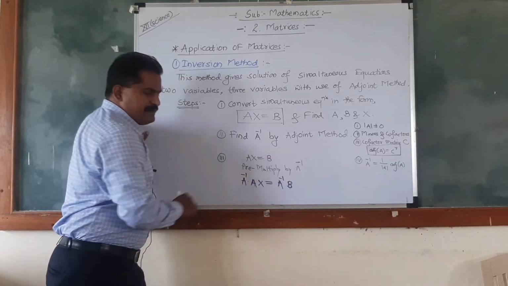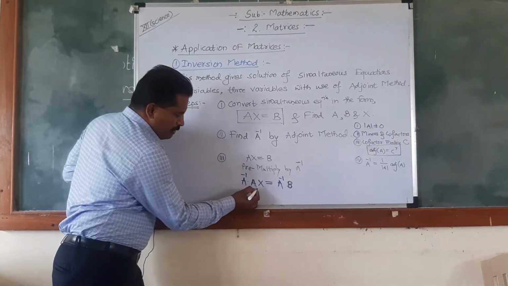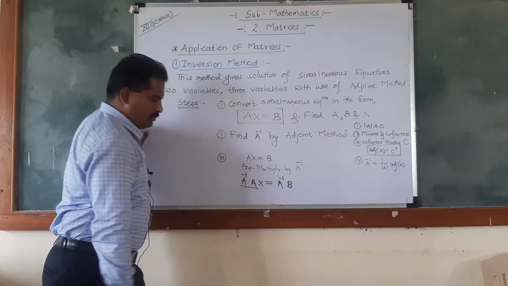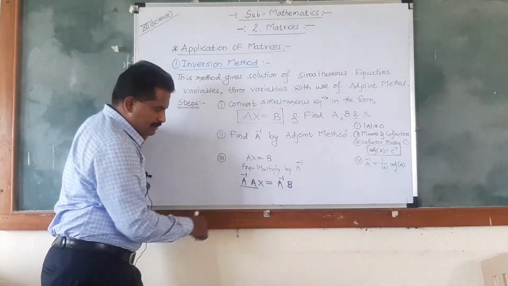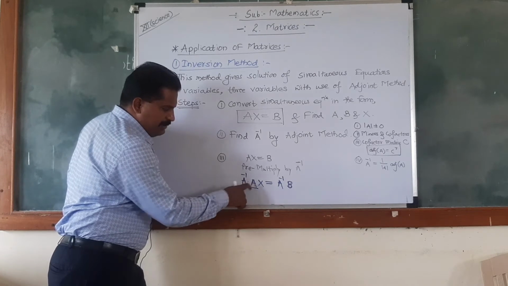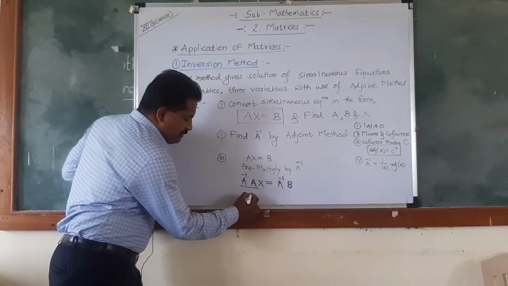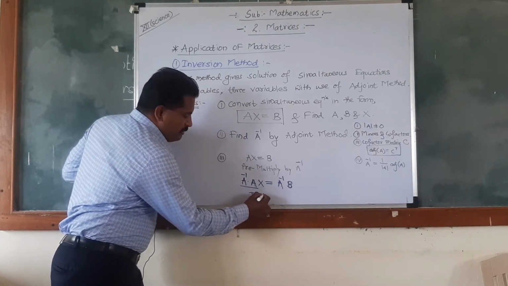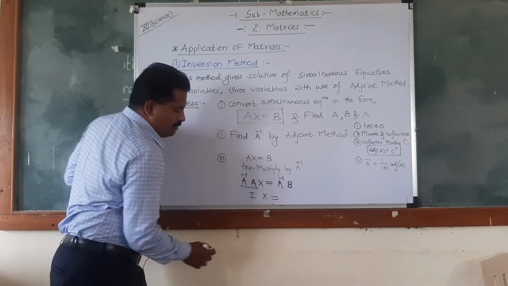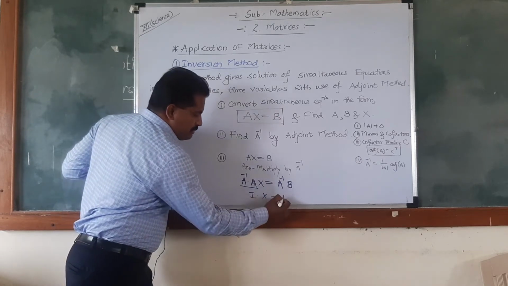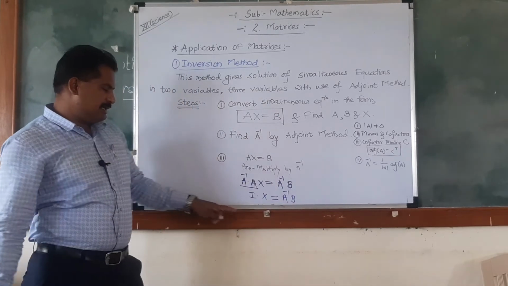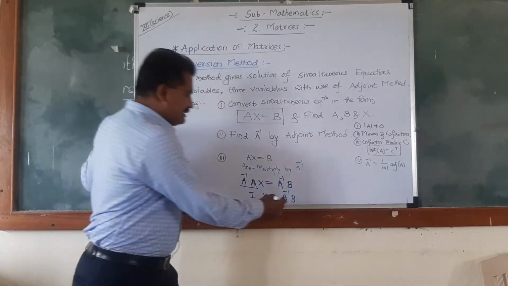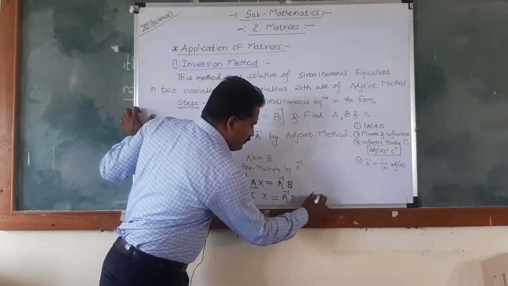What is the purpose behind pre-multiply? We are working upon this A, because A inverse into A is equal to I, which is the definition of inverse. Lastly, give reasons to this step.